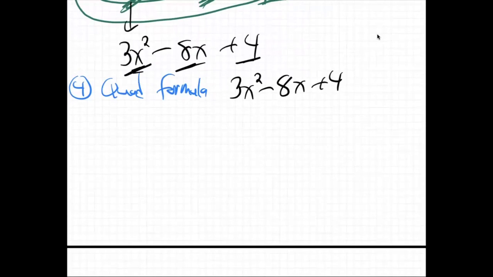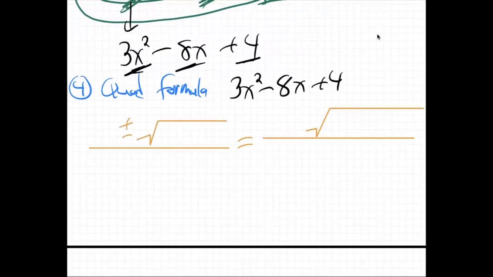So we're going to write that here. Plus and minus. Okay. Here we go.